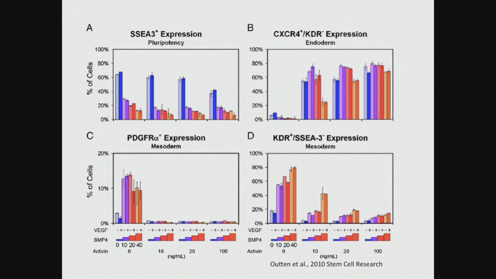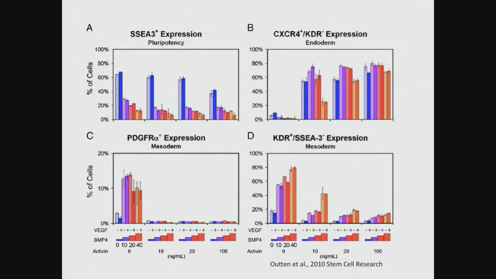If we just start with pluripotency, you can see that as you increase the concentration of activin and you increase the concentration of BMP4, your pluripotency markers go down. That's fairly unimpressive. But what about endoderm? So if you have no activin, you basically don't get any CXCR4 positive cells.